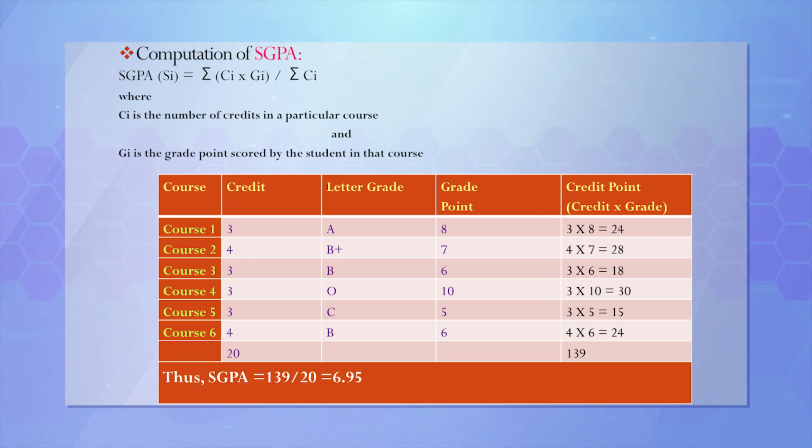Suppose in a semester a student attended examination in 6 courses. The total credits in these 6 courses are 20 and the total credit points secured by the student in these 6 courses are 139. Thus, his or her SGPA shall be 139 by 20, which is equal to 6.95.